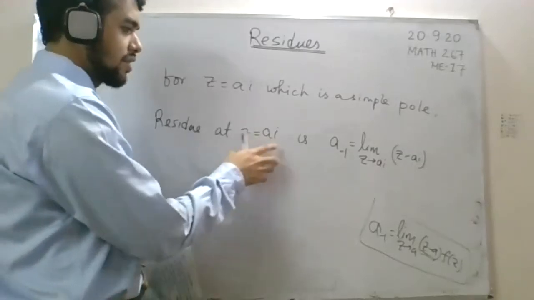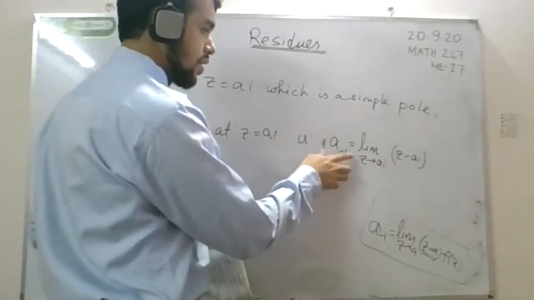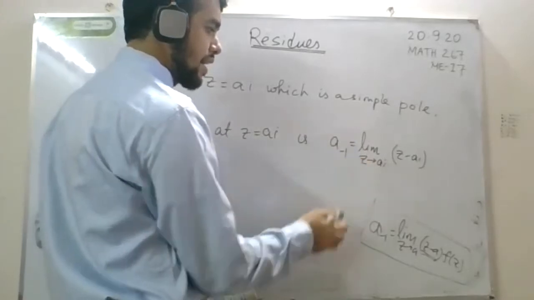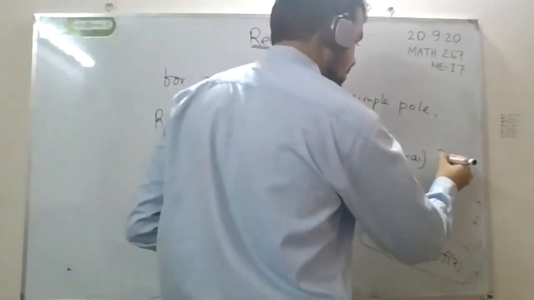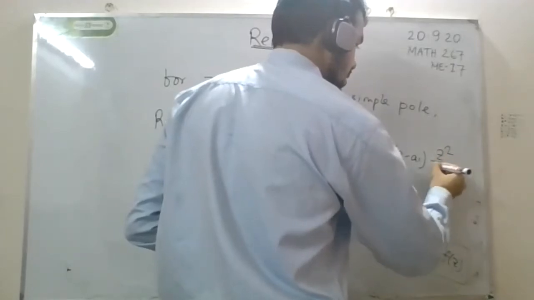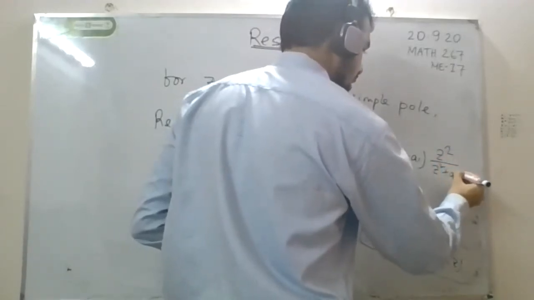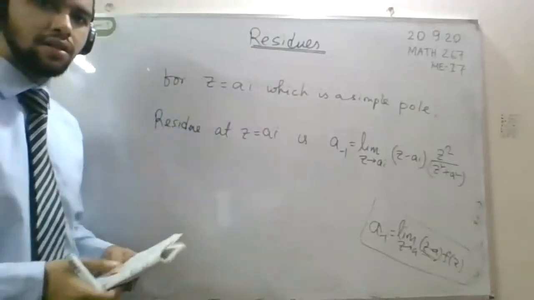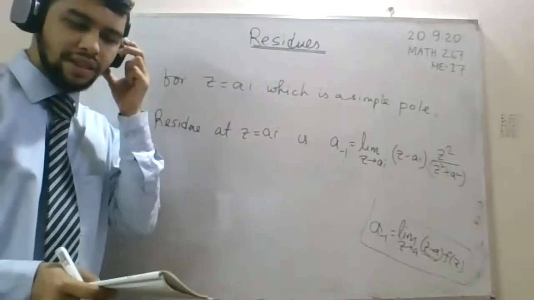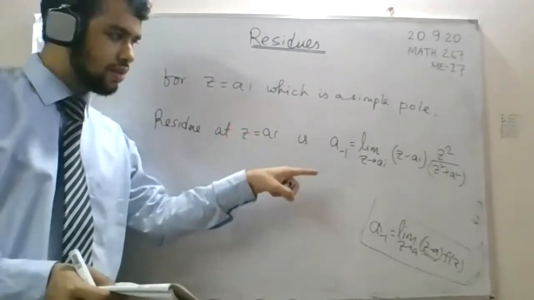So after that you get a₋₁ equals the limit as z tends to ai of (z minus ai) into f(z). So what is our f(z)? f(z) here is z square divided by z square plus a square. Okay. Simple. Okay, everyone, got my point?